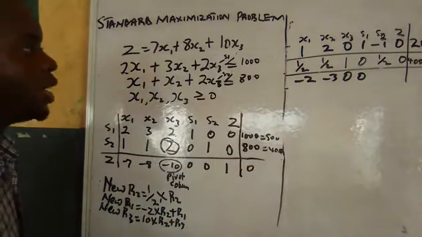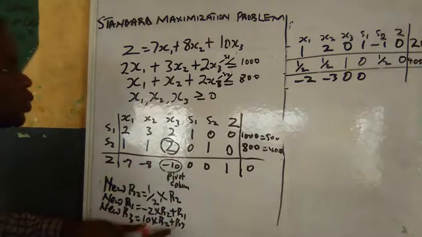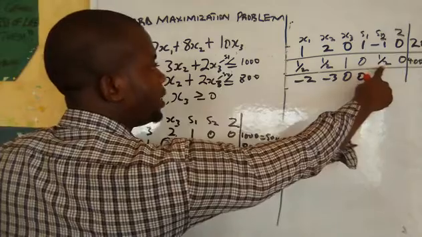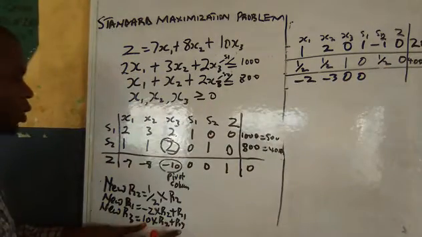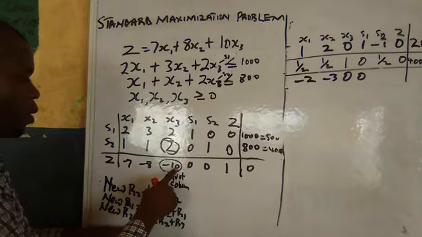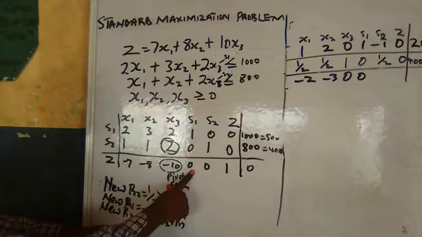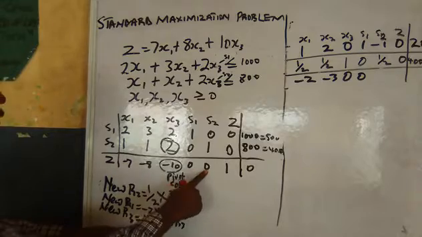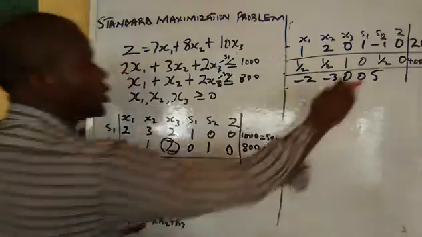So we are going for S2. 10 times R2, which is under S2. 10 times this is going to be 5. Then 5 plus R3, we are dealing with S2. 5 plus 0, that's going to be 5.